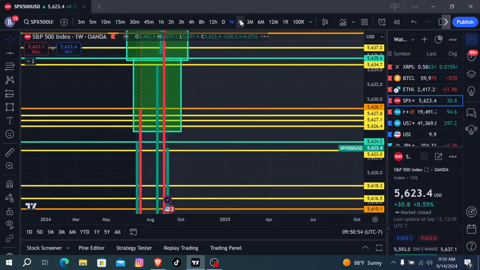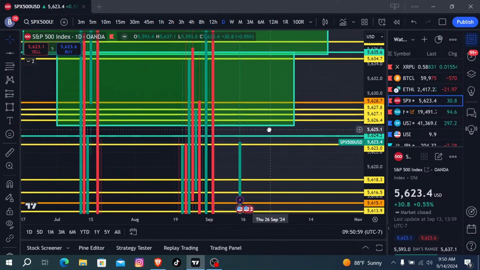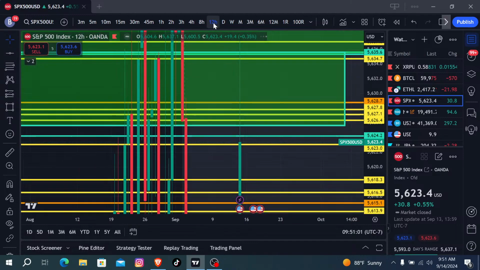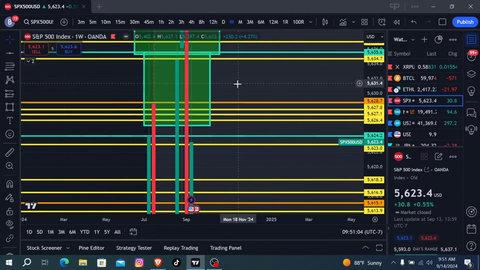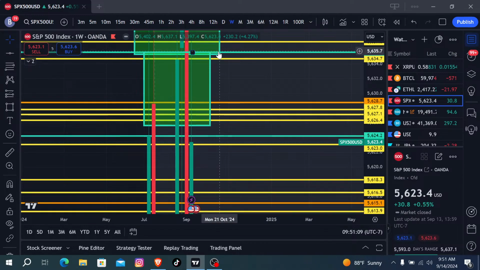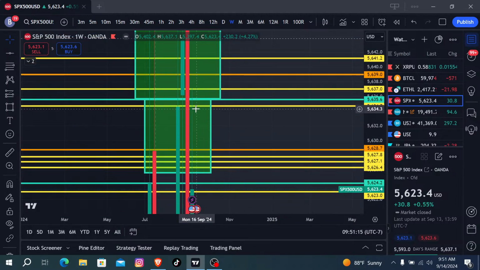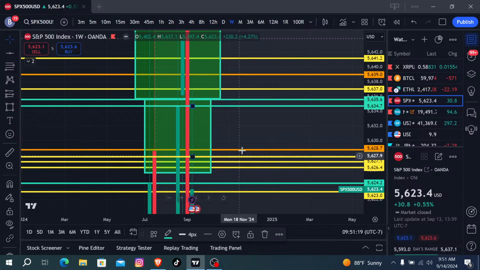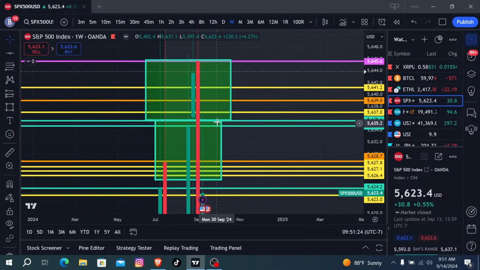Anyway, so it'll be from right here to right here then. Oh shit, there's another one. Yeah, it goes up, so it starts here.